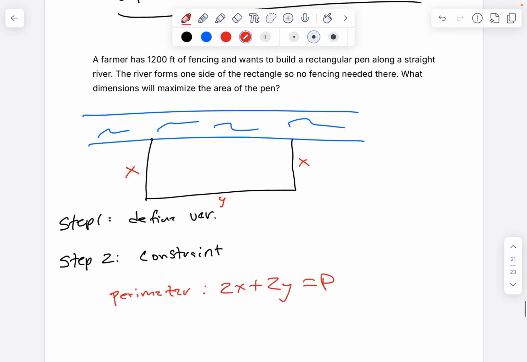And p we want to maximize, right? And the farmer has 1,200 feet of fencing, so the maximum perimeter we can have is 1,200.